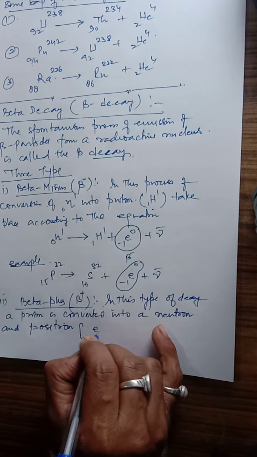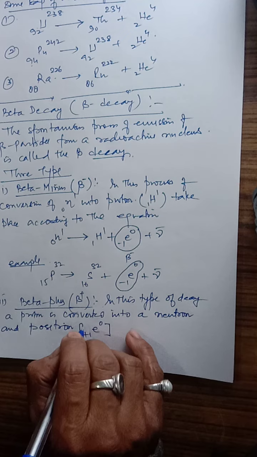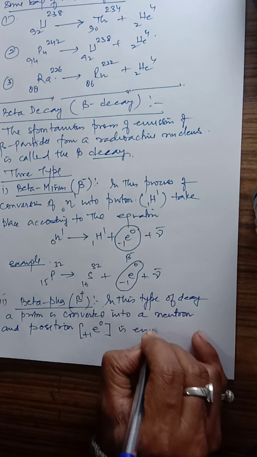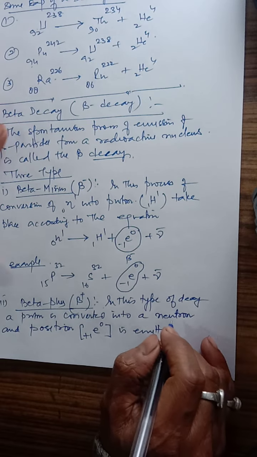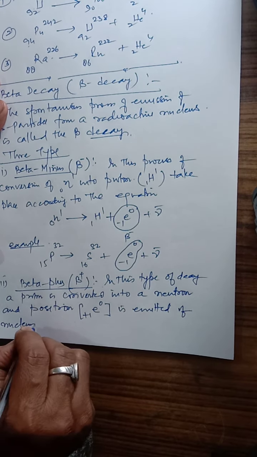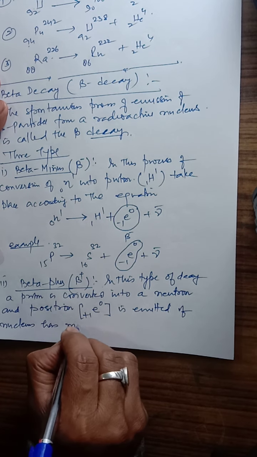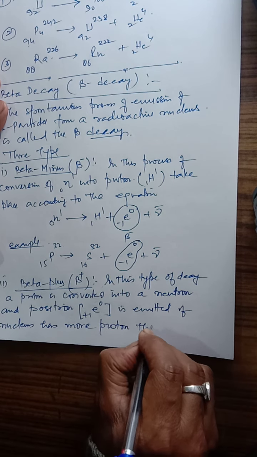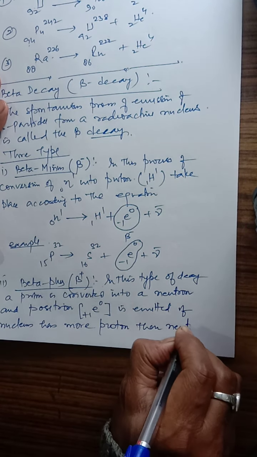What is the positron? This is +1 e 0. This is the notation of the positron, emitted if the nucleus has more protons than neutrons.